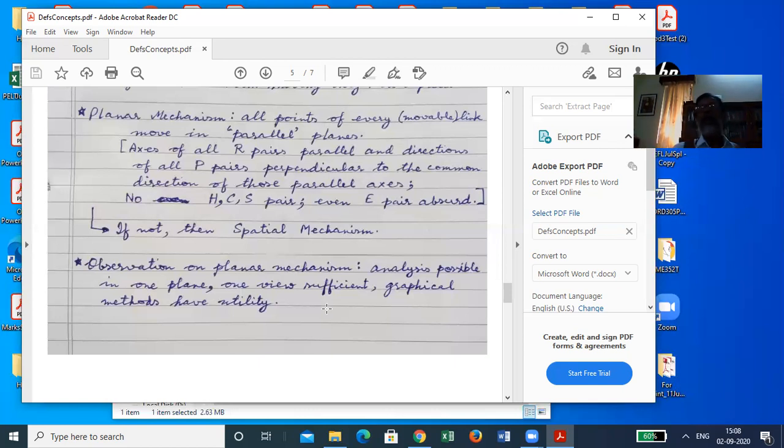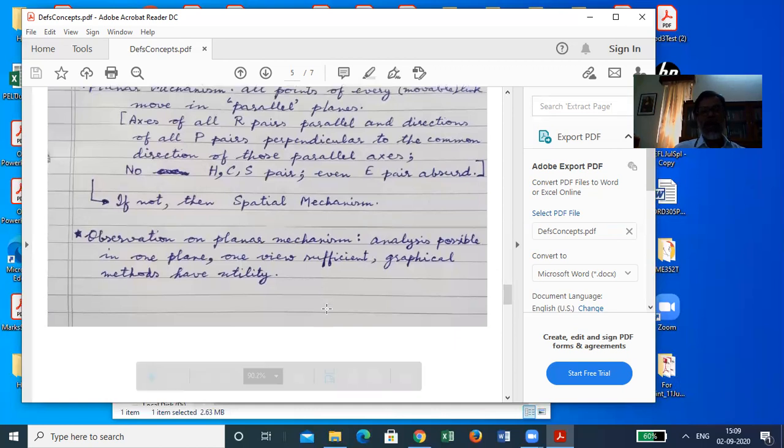So that is why both your instructors put enough importance on the graphical methods, and you are required to do it thoroughly, properly. Okay? And when you use graphical methods, there are a few notations and symbols and conventions that you need to use. We will be talking about them next.